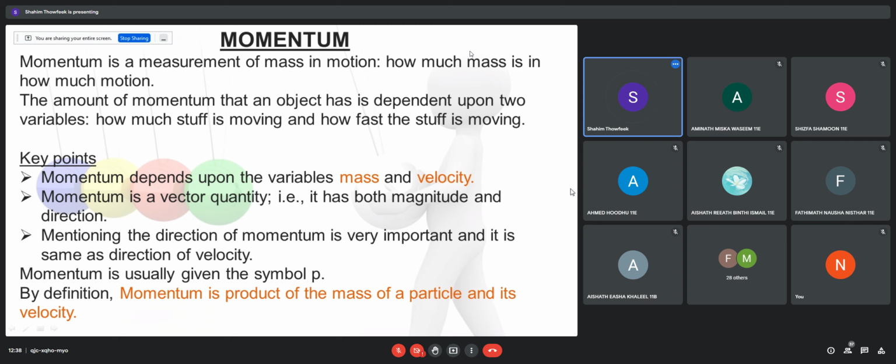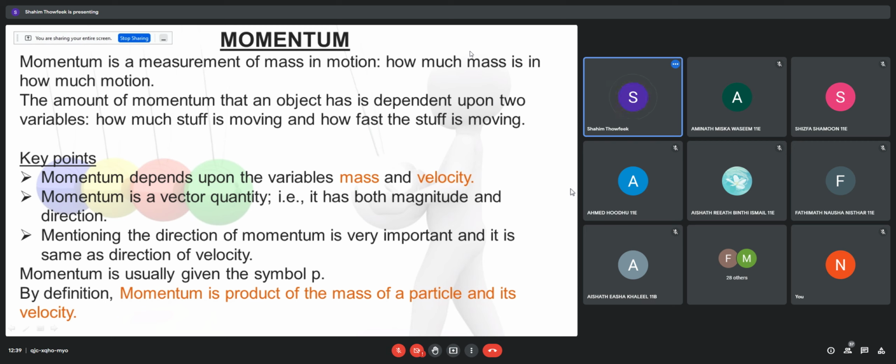Before that, some points we'll go through. Momentum depends upon only the variables mass and velocity. Momentum is a vector quantity. When they ask you to describe momentum, you can write the definition and also say it is a vector quantity.